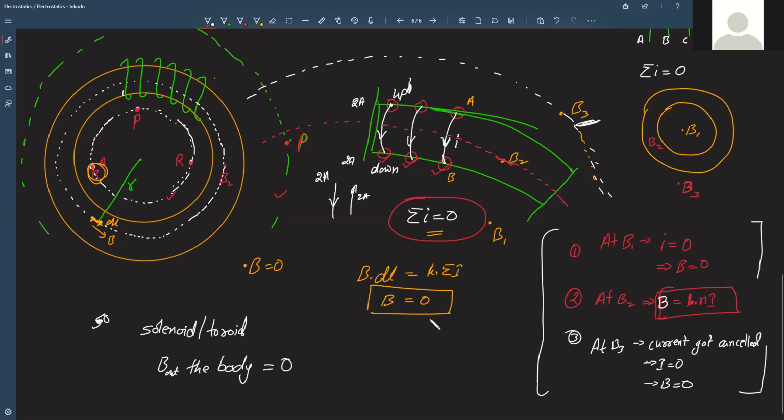And it is only inside the body that you will get some magnetic field, and that will be equal to mu naught into N into I, where N is the number of turns per unit length, that is the wire density.